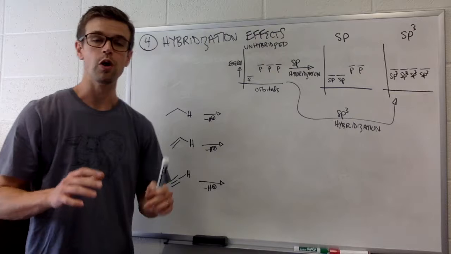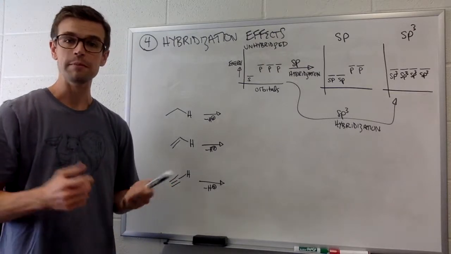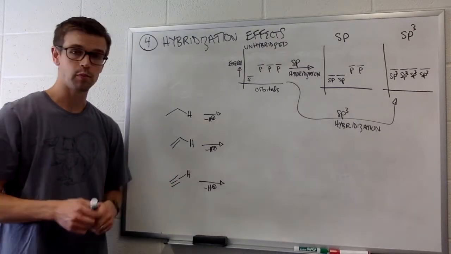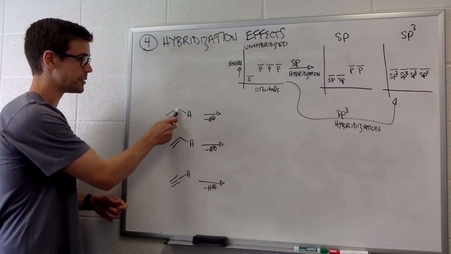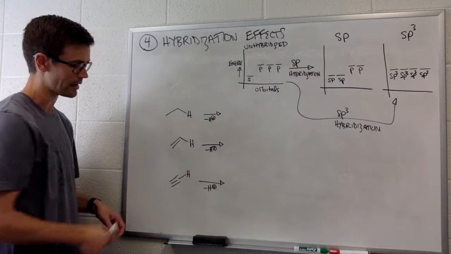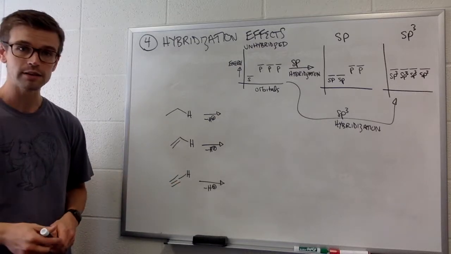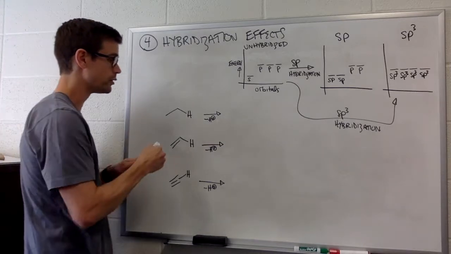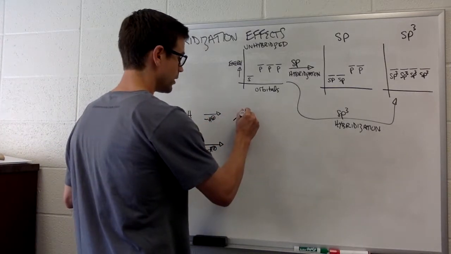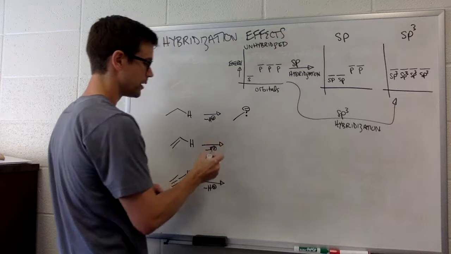Okay, so how does that impact acidity? Why is that important? Here we have three different hydrocarbons. This is an sp3 hybridized carbon, an sp2 hybridized carbon, and an sp hybridized carbon. And all of those can lose a proton. If we lose a proton, we're going to have a lone pair on that hydrocarbon.